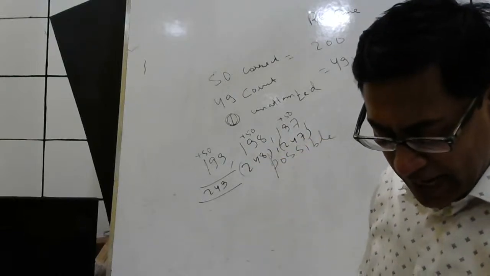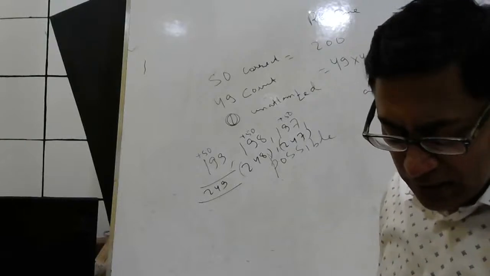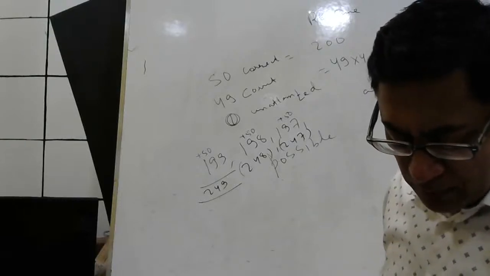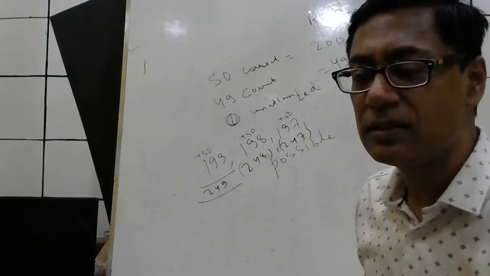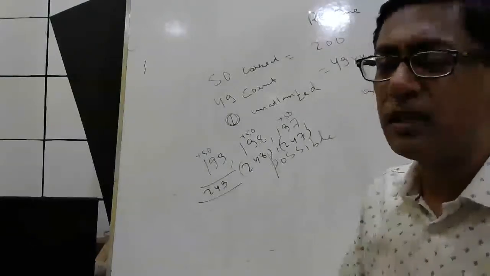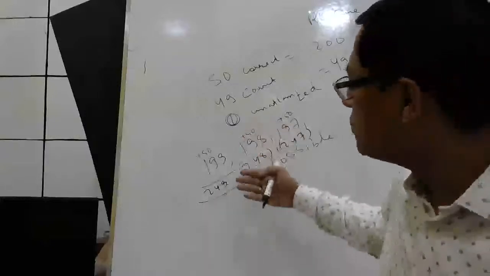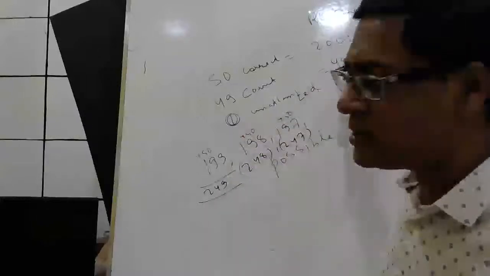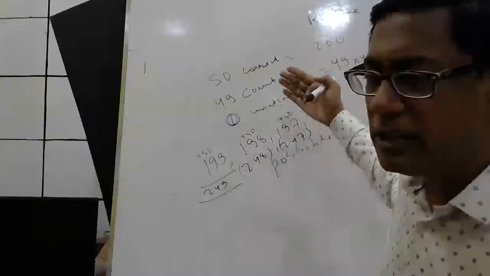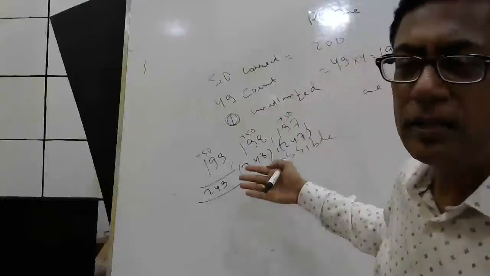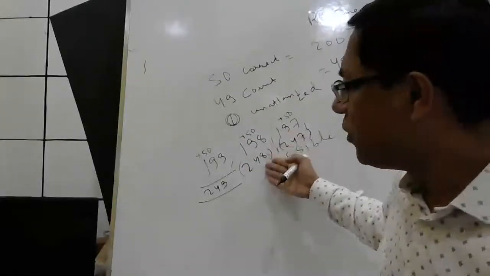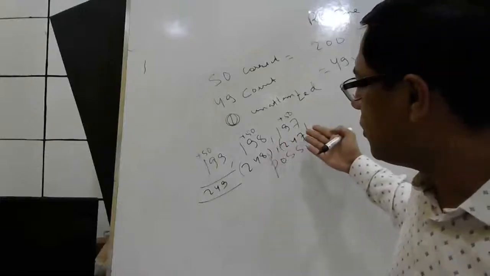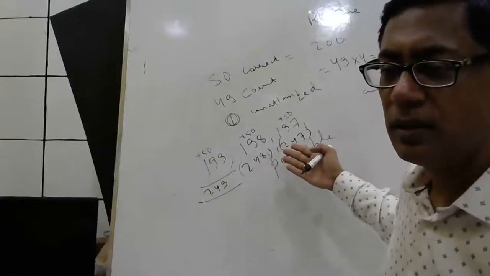And therefore, in your options, you can eliminate 249. It is not possible because we know 199 is not possible, so 199 plus 50, 249, is not possible. So that cannot be your answer. 248 cannot be your answer. 247 cannot be your answer, right?